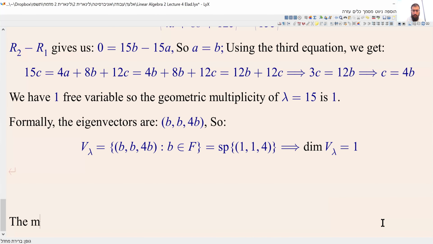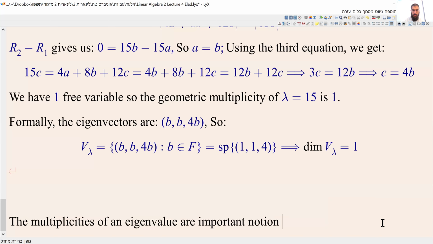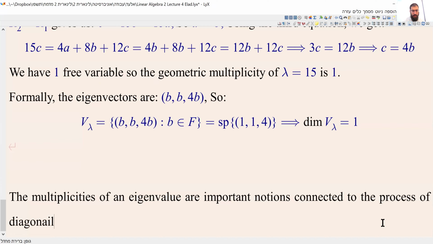The multiplicities of an eigenvalue are important notions connected to the process of diagonalization of a matrix and other subjects.